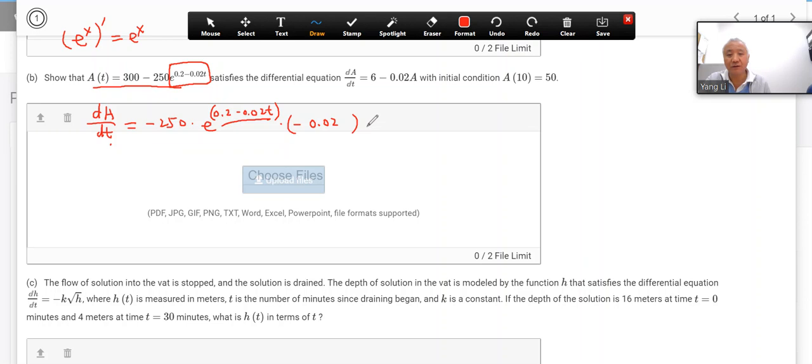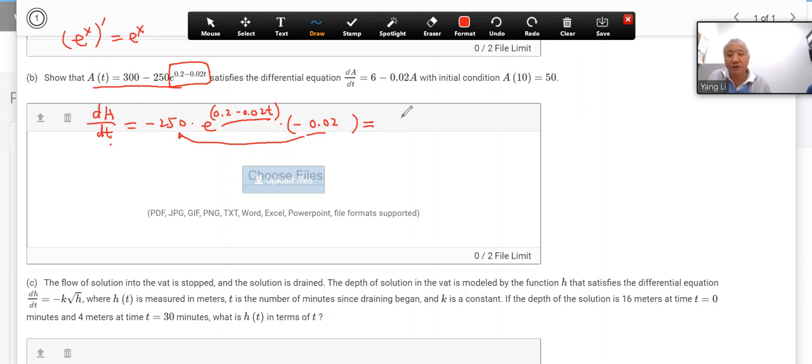And then if you do this calculation, you have negative times negative is positive, so you have 250 times 0.02, and you got 5.